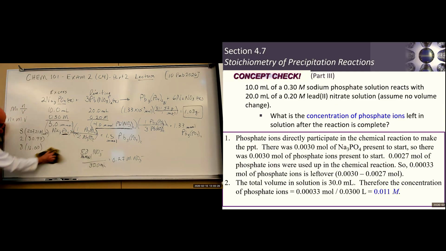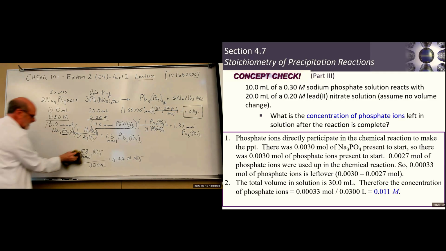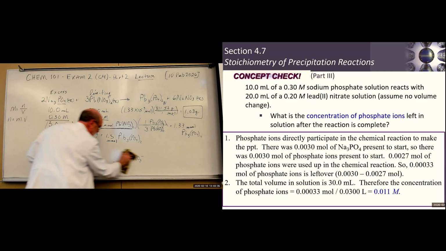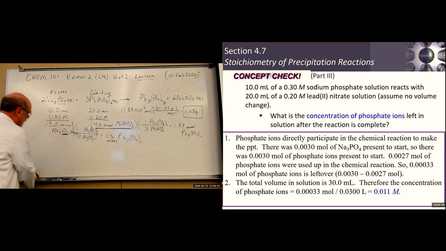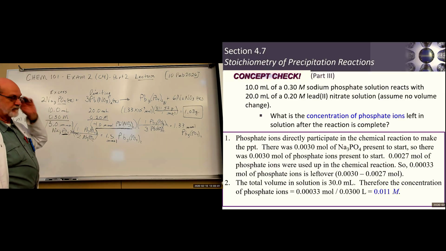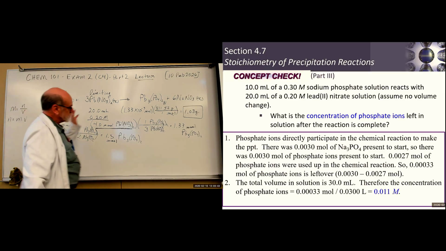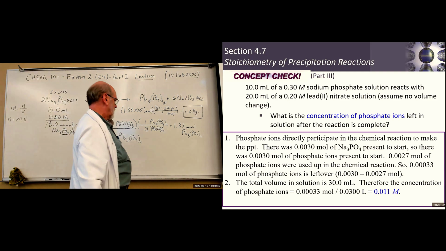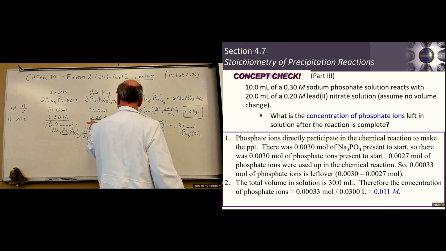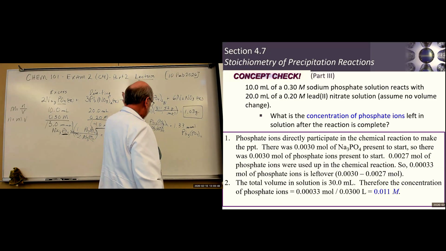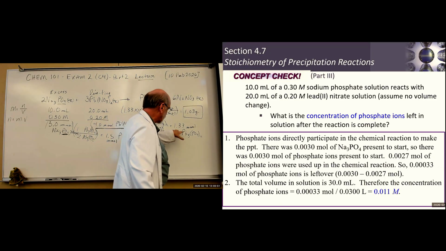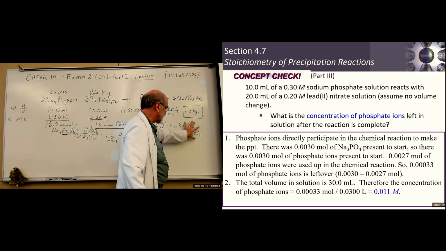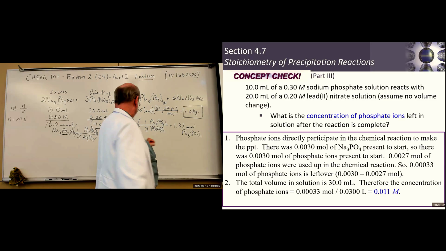Let me remove some of this stuff. And we've already done that one, so we're going to use this space for calculations. All right, that's the starting amount. How much did we use? Well, all we have to do is go over here and say, all right, we ended up with 1.33 millimoles of this compound. Right?